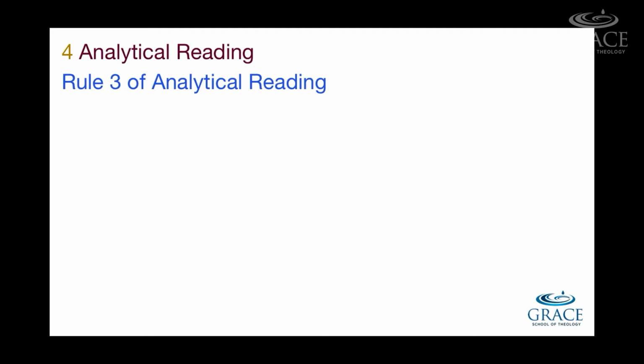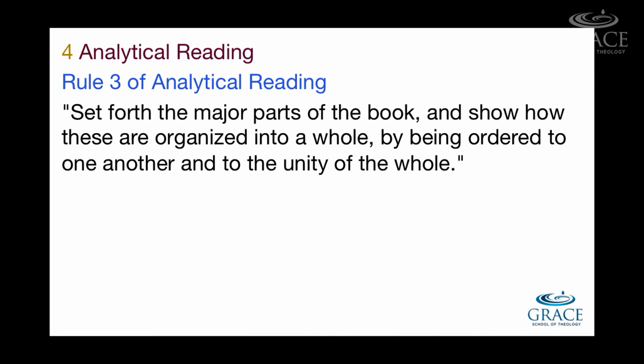The third rule is to set forth the major parts of the book and show how these are organized into a whole by being ordered to one another and to the unity of the whole. So again, we are looking for that single theme, but part of that search is to see how the different parts of the book contribute toward that theme.